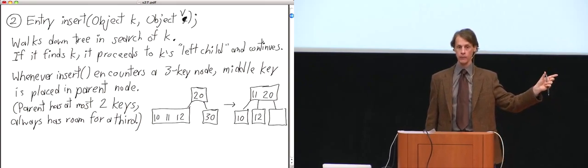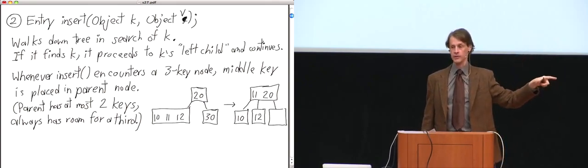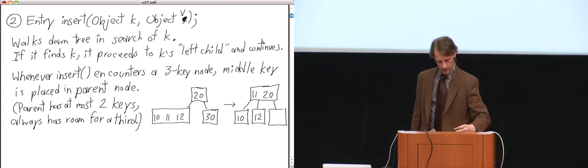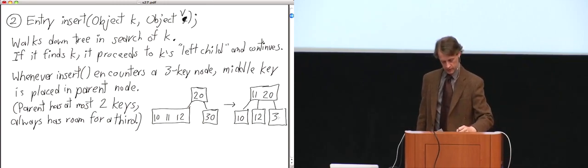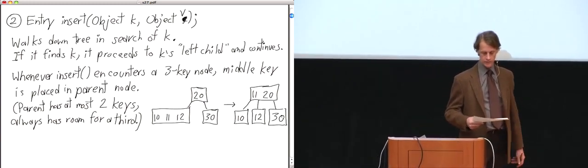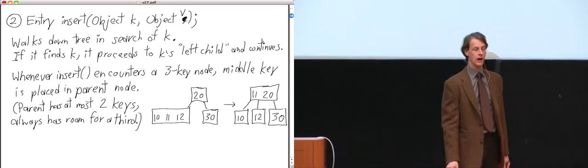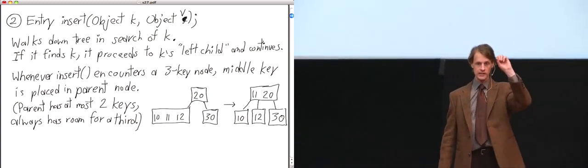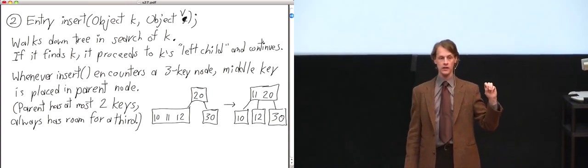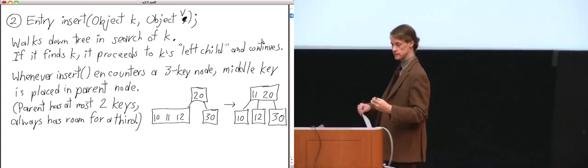They're not in the same node anymore. When we moved the 11 up, we split the 10 and the 12 up into 2 separate nodes. And the 30 is still here where it was before. So that's our basic restructuring operation. As we walk down the tree, every time we hit a 3-key node, we're going to do that basic restructuring operation.